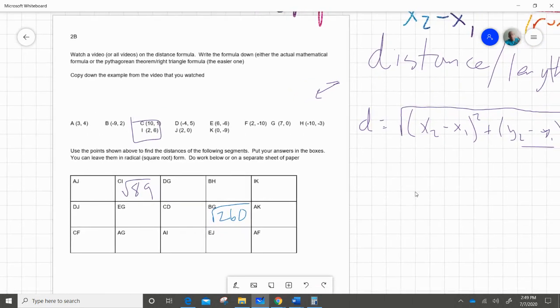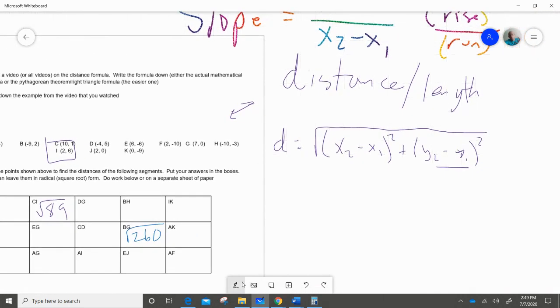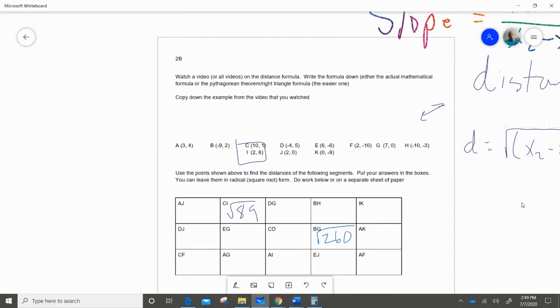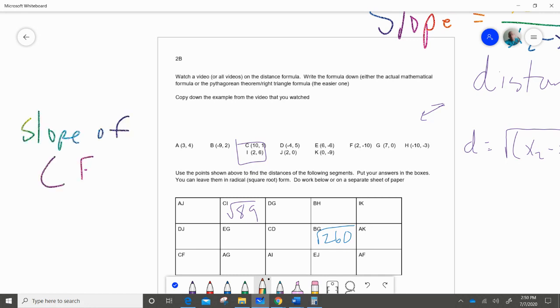Let's do CF, shall we? Let's do the slope of CF. I'm going to do this off to the other side here. So if we do the slope of CF, on top we have negative 10 minus 1, y2 minus y1.